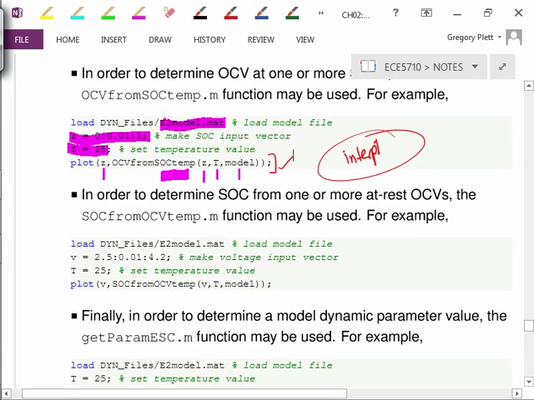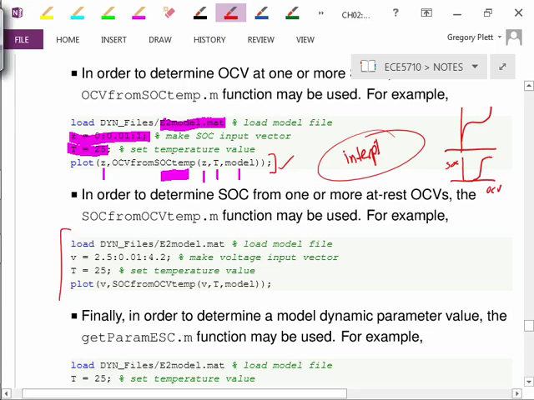Well, I can also do the reverse operation. We didn't talk about this, but if I make an OCV versus SOC relationship, I can also invert that to make a SOC versus OCV relationship. It looks something like that. And the code, the process OCV, does that and stores that.